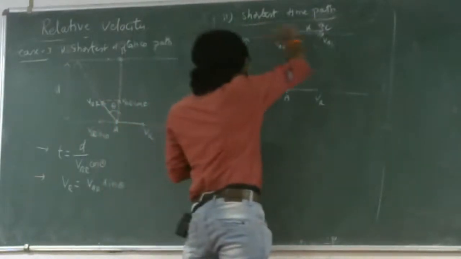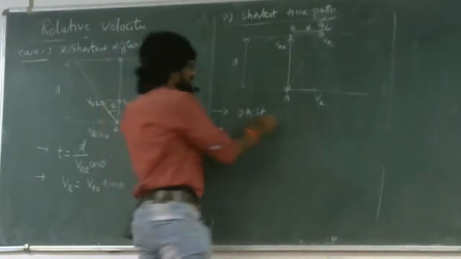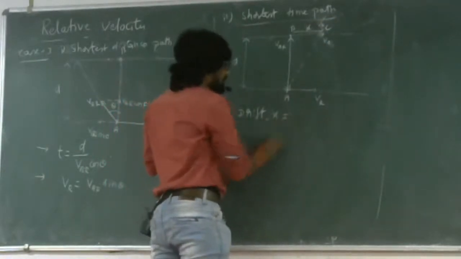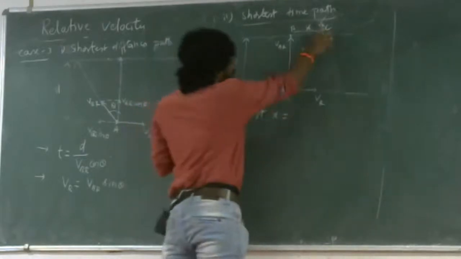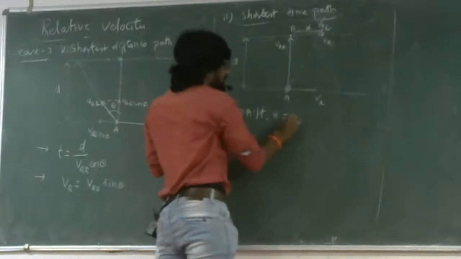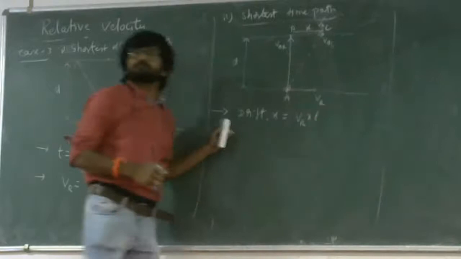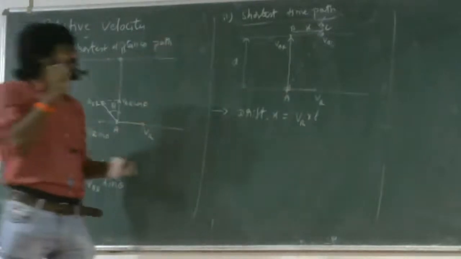So this distance is due to this velocity of river. So this drift is nothing but x. Distance is equal to velocity times time. Velocity is that of the river, into the time taken to cross. What is the time taken?